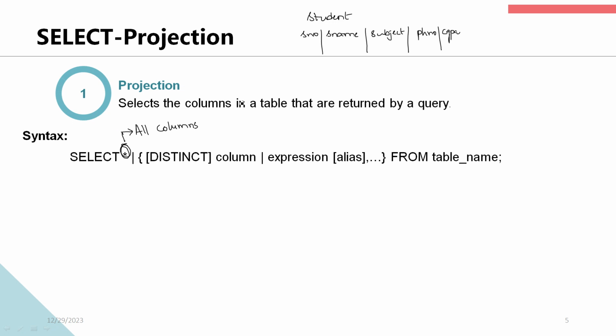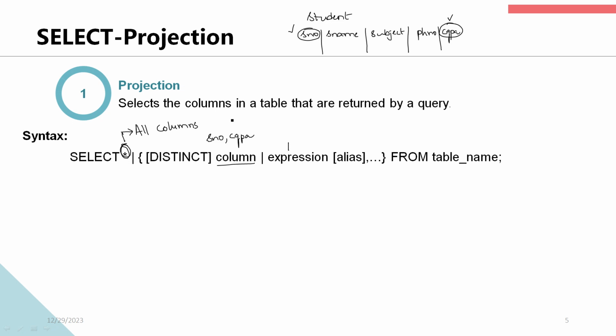If you want to retrieve only specific attributes, like the student name along with their CGPA, only these two attributes are needed. So in that case, mention the names of the columns separated by a comma. So in the second case, we mention student name, comma, CGPA, right?